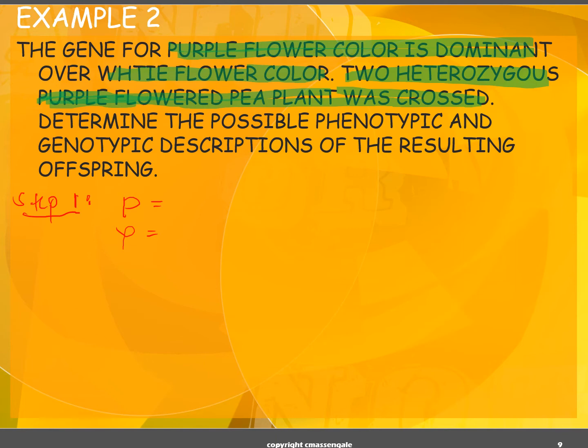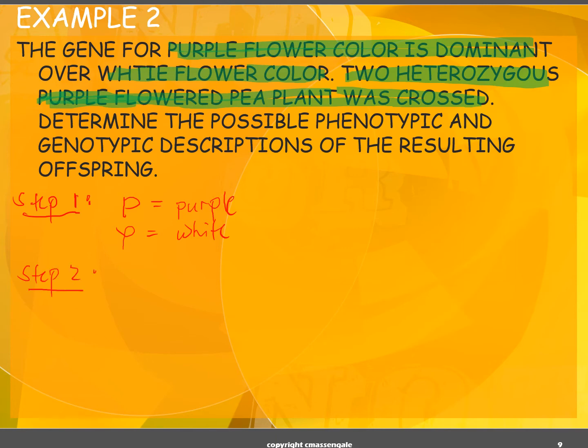So meaning capital P here class will represent purple. So we have here purple. And our small letter p here class represents the recessive trait, which is white flower. So let's write down here white. Okay, so we're done with step number 1. Next, let's proceed with step number 2.